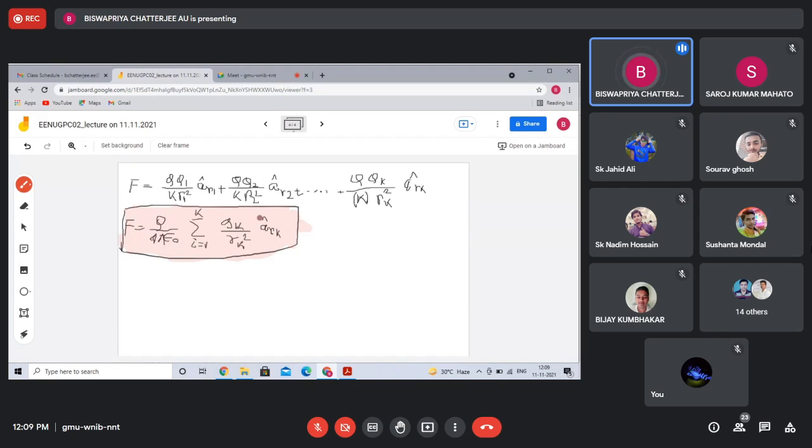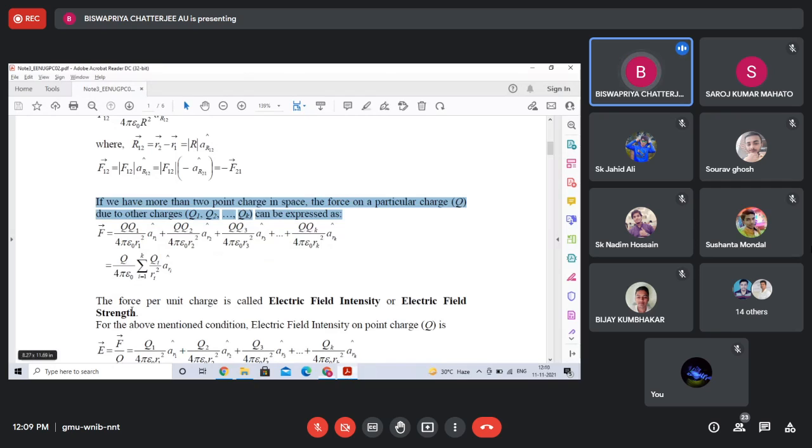If this is okay, then from there we will shortly see a new concept. We will define a new term called force per unit charge. It's called electric field intensity or electric field strength. It's very, very important.